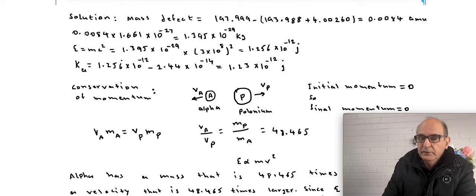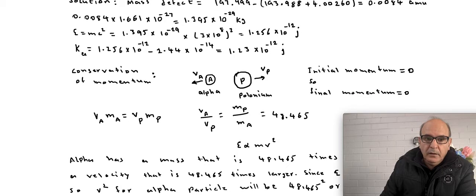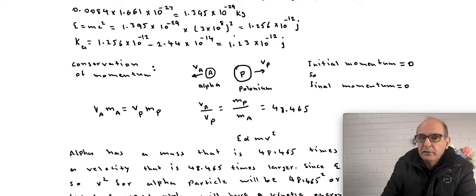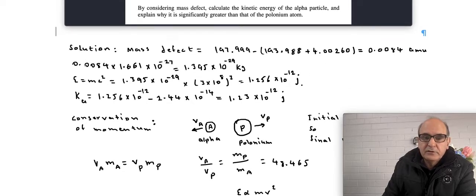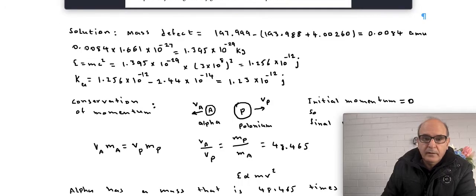So we subtract that from the total and we get that many joules, which is the kinetic energy of the alpha particle. This is all based on the conservation of energy: mass changes into energy, and that energy goes into the kinetic energy of the particles, and they share it.